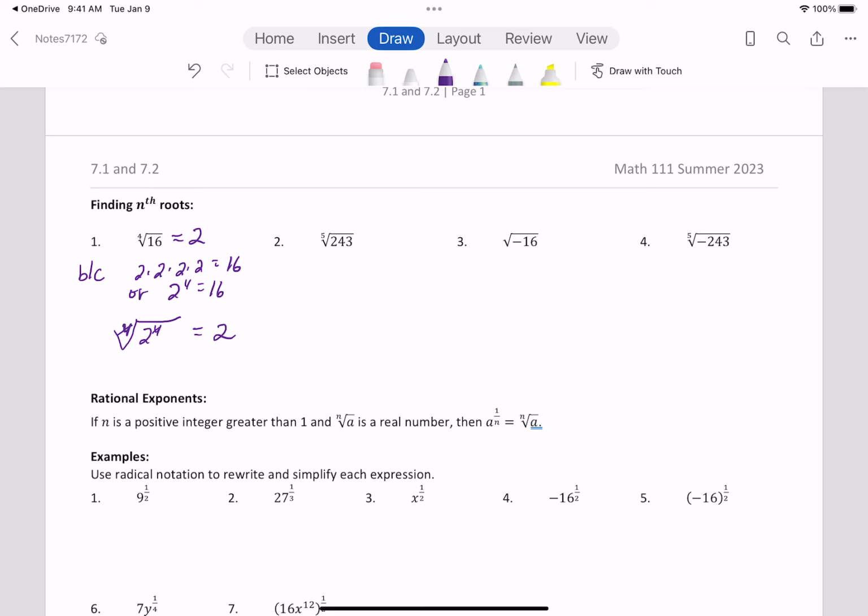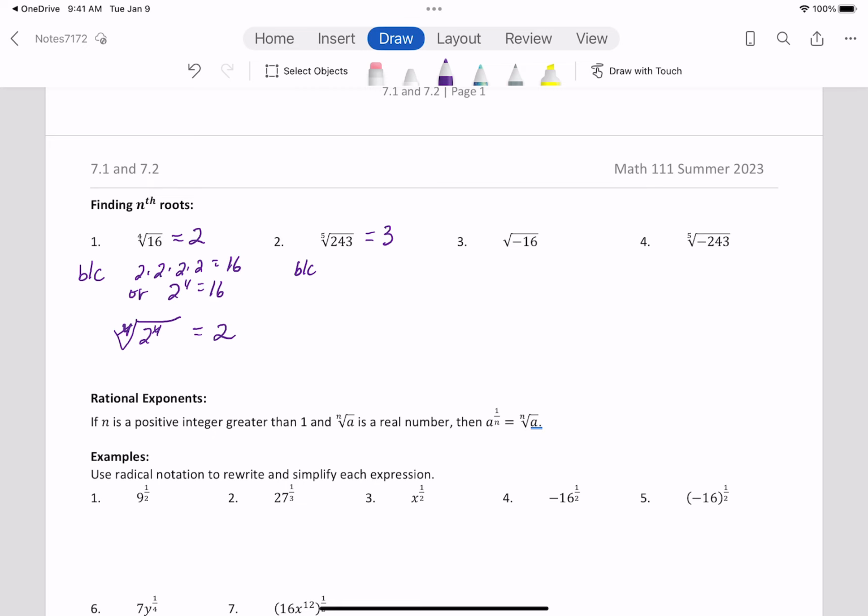For the next one, the fifth root of 243, I want to know what times itself 5 times is 243. And if you put that into the calculator, it's going to tell you that it's 3.